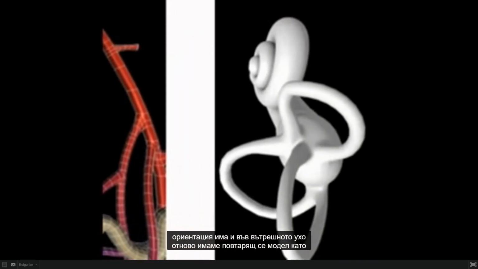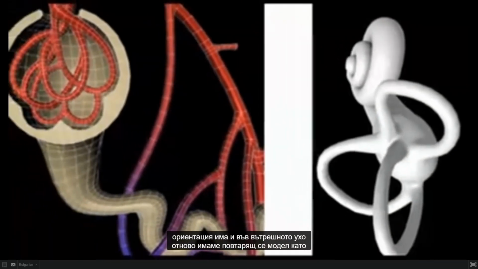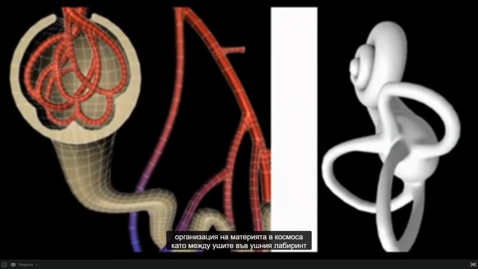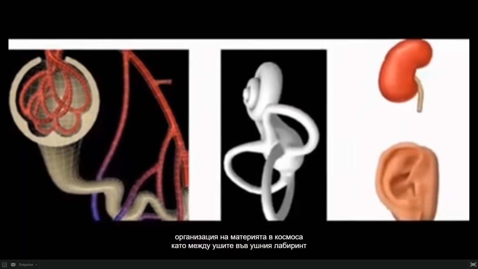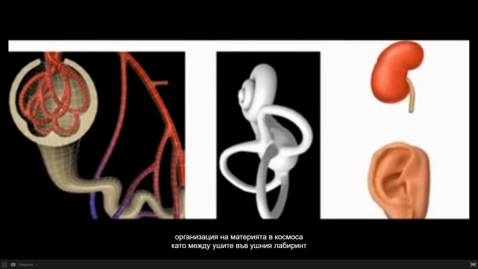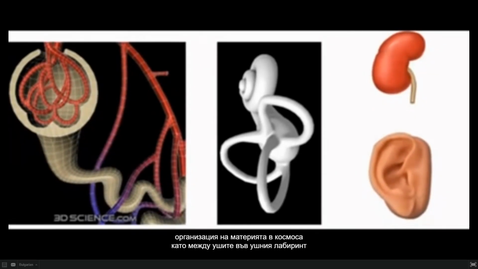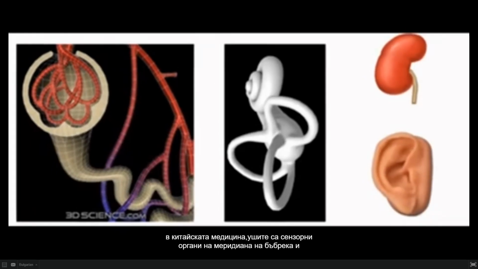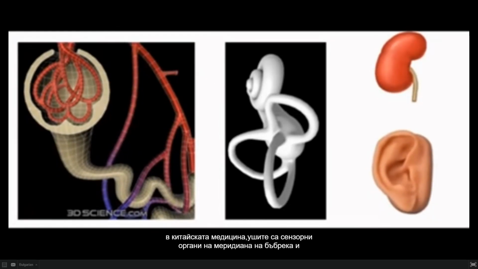So we have again a repetitive model of organization of matter in space, between the inner ear, the labyrinth, and the glomerulus in our kidney. They have exactly the same shape. And even in energy anatomy and Chinese medicine, the ears are the sensory organ of the meridian of the kidney and bladder.